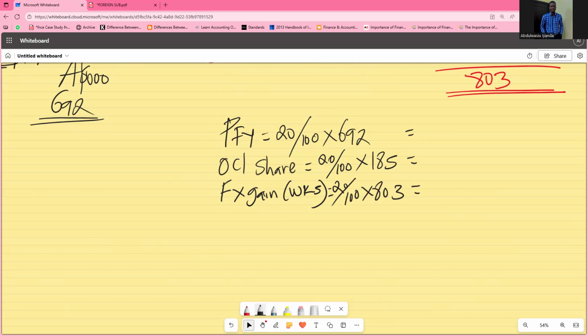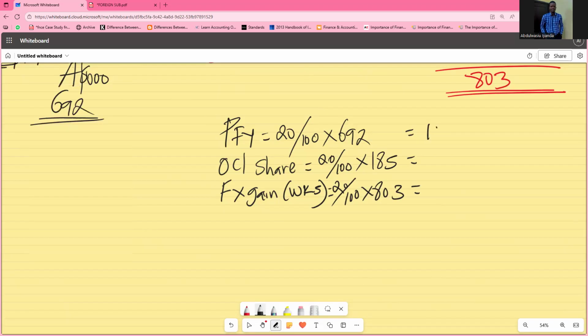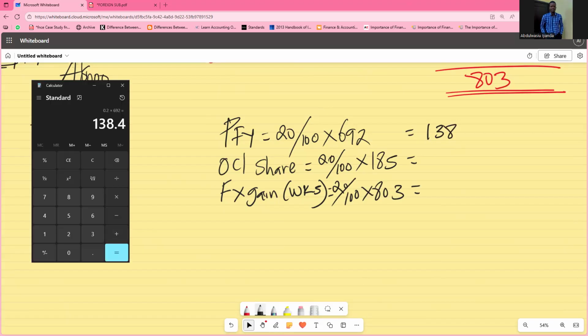So from this first one now, the subsidiary, this is 0.2 multiplied by 692. That is 138. The next one as well is 0.2, so I can say 0.2 multiplied by 185.